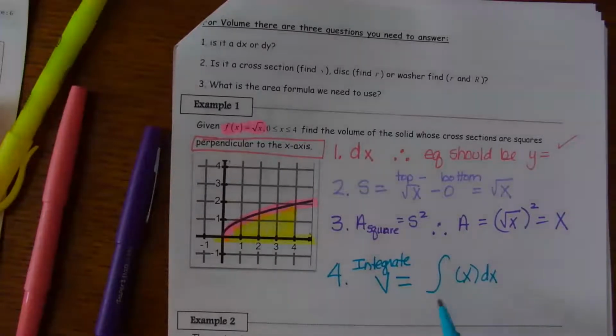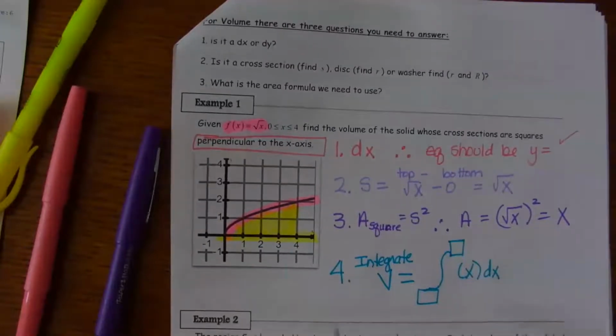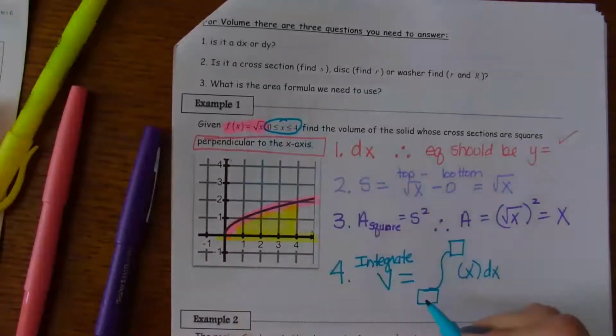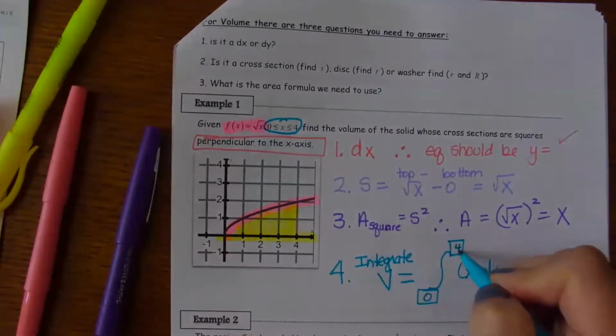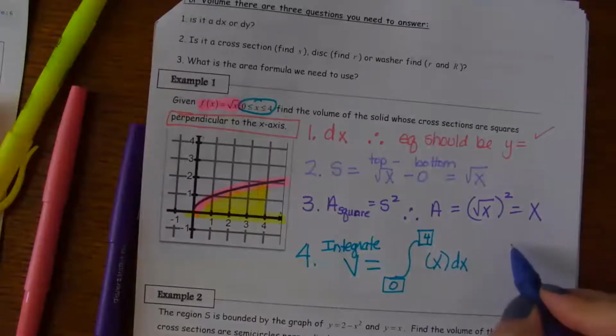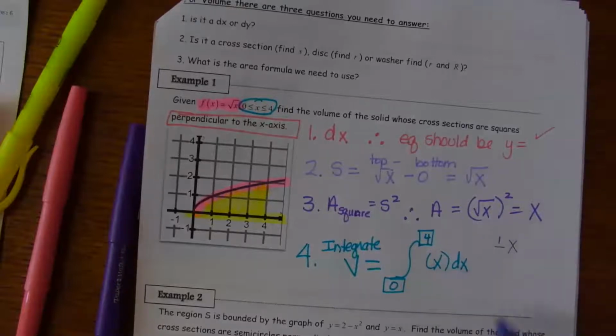Now I have to figure out what numbers go here, right? But they already gave me that. Let's color code that 0 to 4. Now I'm going to do this one by hand because it's so easy. What do you get when you integrate x? You have x squared. Now there's a 1 in front, so you get a 1.